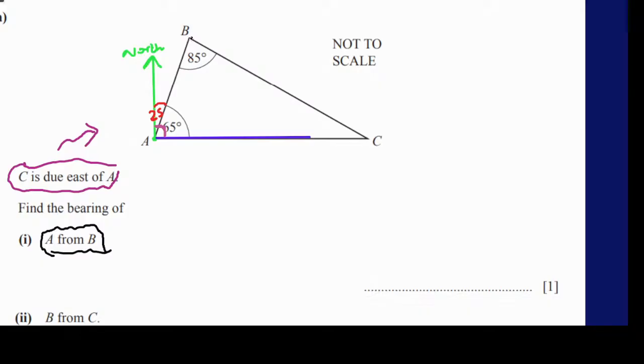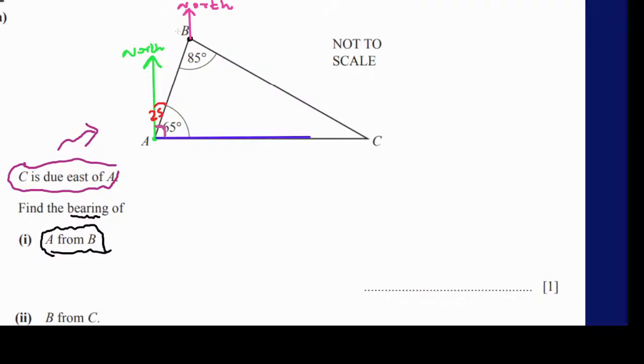You're right here at B. Whenever you're dealing with a bearing question, the first thing you got to do is draw the north direction of the point where you are. So now you are at B. So let's draw the north at B. So this is the north. The pink line represents the north at B.